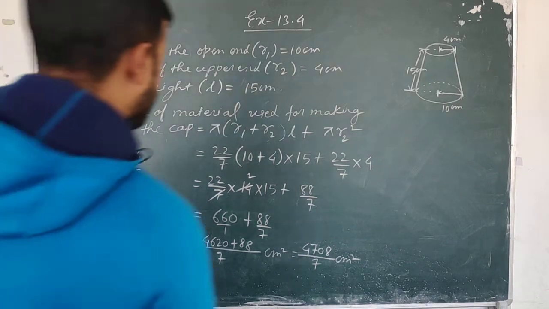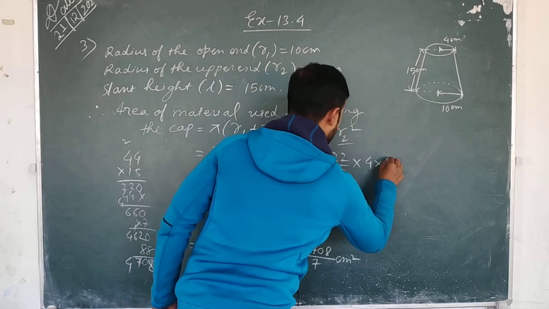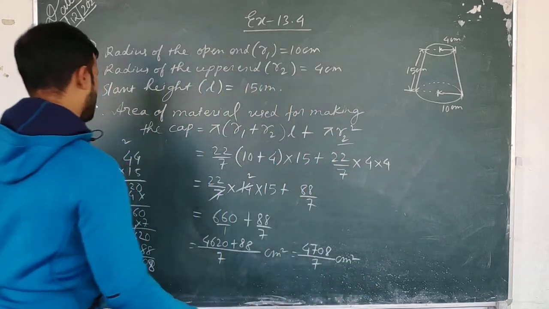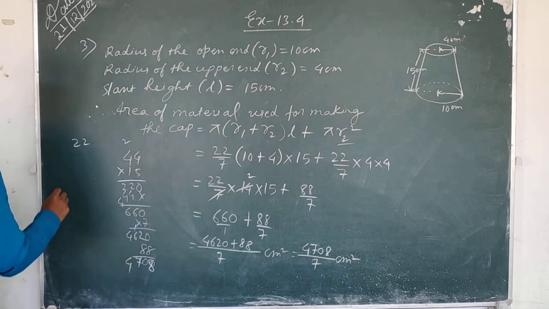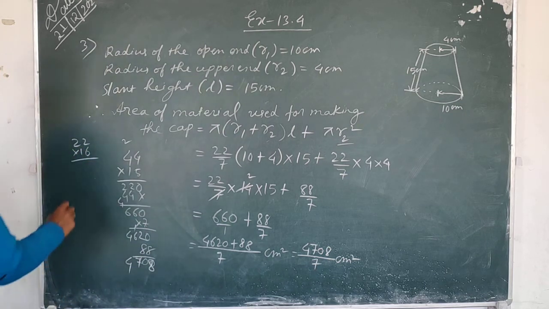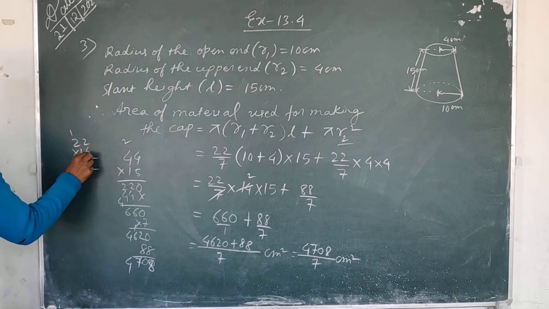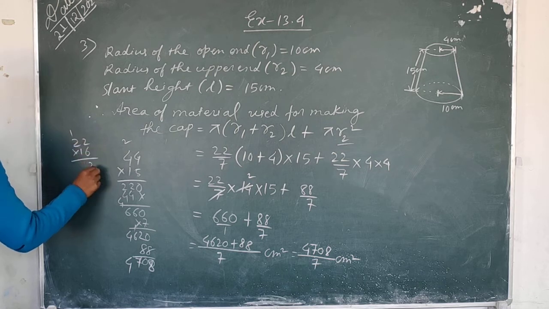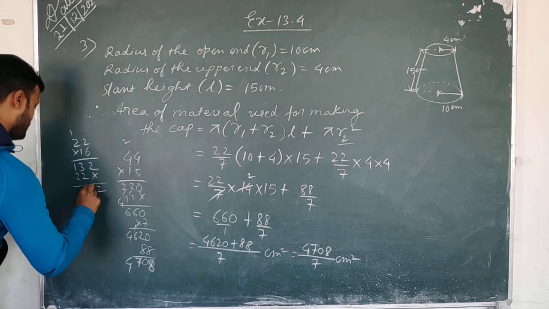So here is the second part. This is R2 square, isn't it? So we will write 4 into 4 here. 22 into 16.